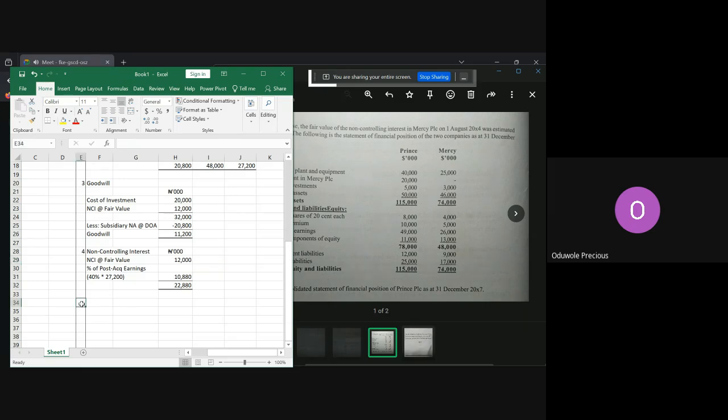Then the last one is consolidated retained earnings. Now I'll tell you two things once I start this so that you do not get confused.